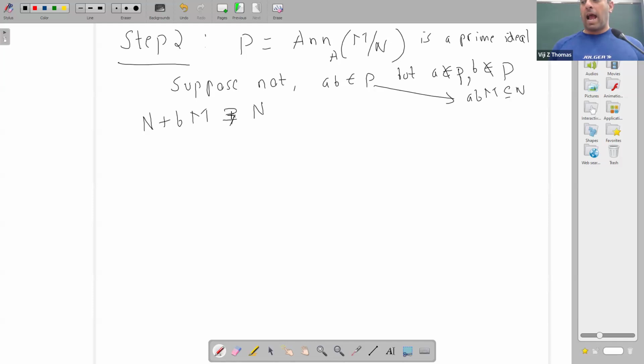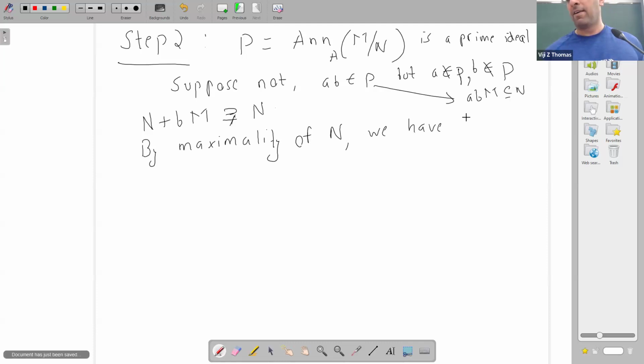Same kind of strategy. And so then what did we say yesterday when we had something bigger? Yes, I'm waiting for some of you to answer. That capital N was maximal. And so by maximality of N, we have that N plus bM is finitely generated.